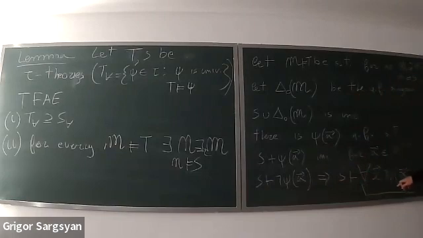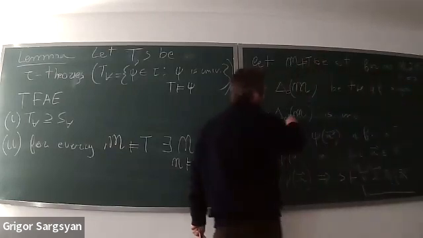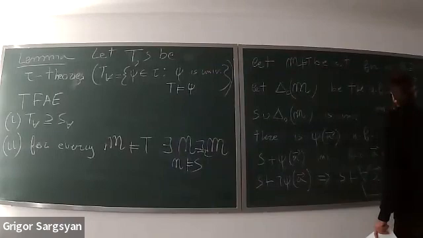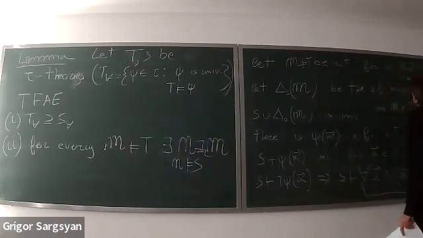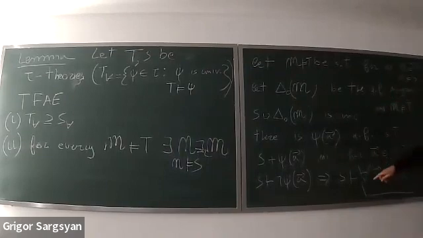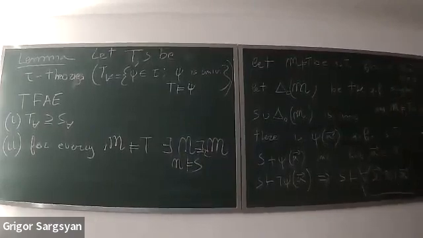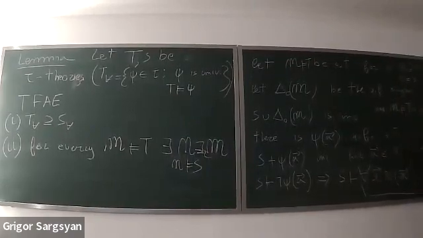We got a universal sentence which follows from S and cannot hold in this model M. And M models T plus psi of a, which means that M cannot model this sentence. So this sentence belongs to S-for-all minus T-for-all.